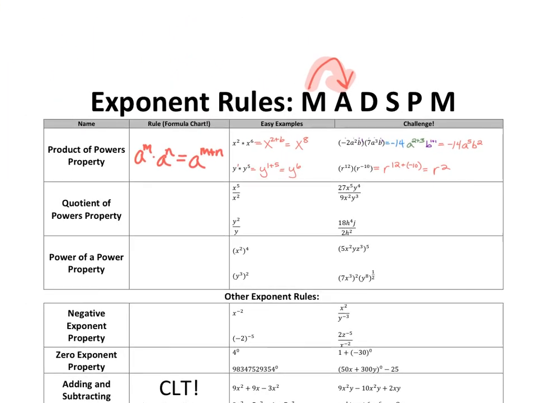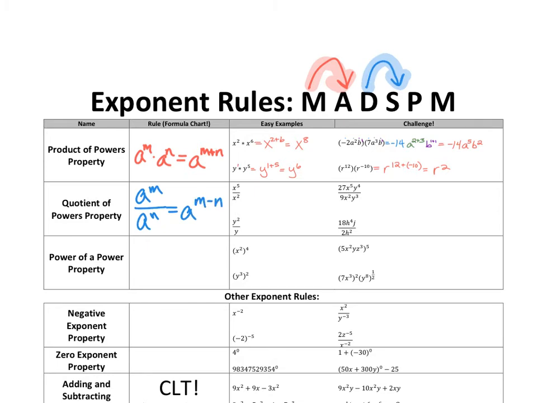The second rule that we're going to talk about today is the DS. This is called the quotient of powers property, and I did the highlighter thing again. If we divide, we subtract. So this rule says that if you have a to the m divided by a to the n, again, the bases have to be the same for this to work. All we have to do is subtract instead of add.